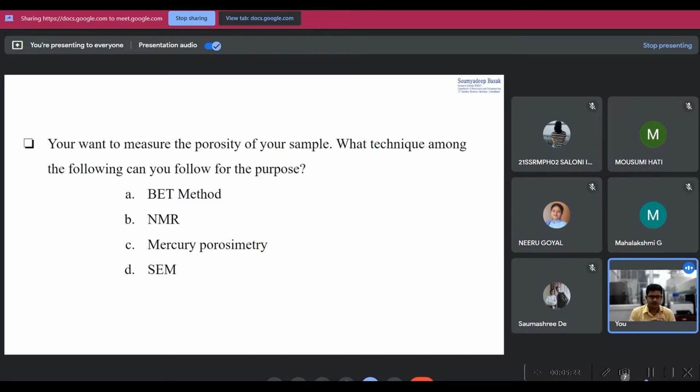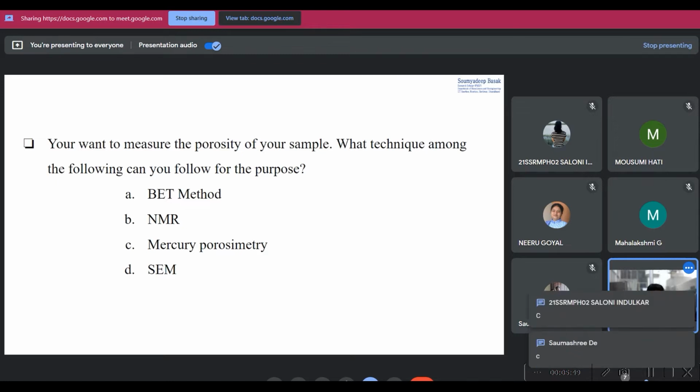What do you think? What would be the answer? It is a multiple choice one. Try to recollect from the porosity measurement.